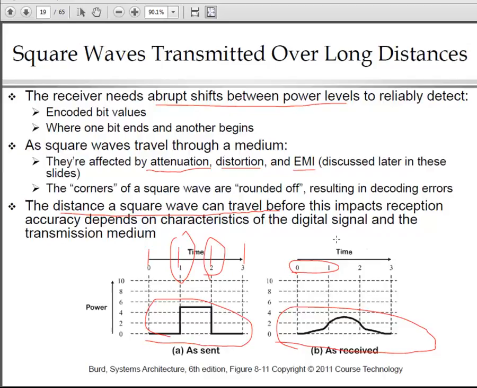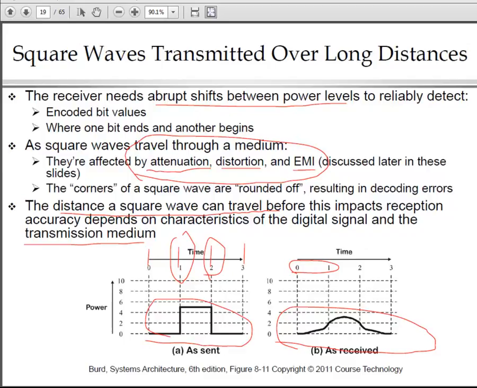You can play games with buying better transmission mediums that are less susceptible to attenuation, distortion, and EMI. But unless you can drive this to 0, which you can't, unless you can make these problems completely go away, which you can't, over some distance, what's on the left is going to turn into what's on the right, and your ability to accurately decode that signal and extract the data that the sender put in it is going to disappear.